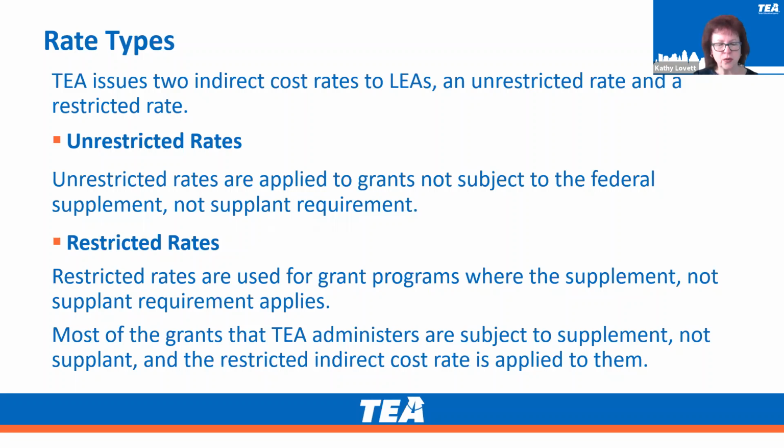So the unrestricted rates are applied to grants that are not subject to the federal supplement, not supplant provision. And the restricted rates are used for grant programs where the supplement, not supplant requirement does apply. Most of the grants that TEA administers are federal grants, and most of those are subject to the supplement, not supplant requirement. In that case, the restricted indirect cost rate is applied to those particular grants.